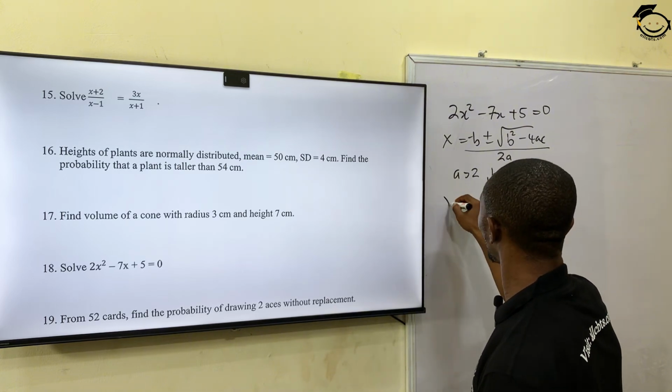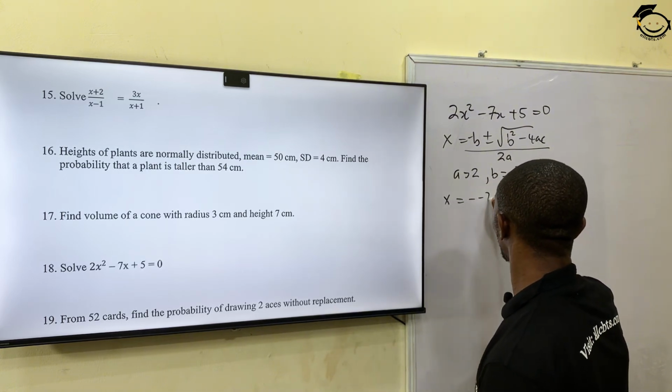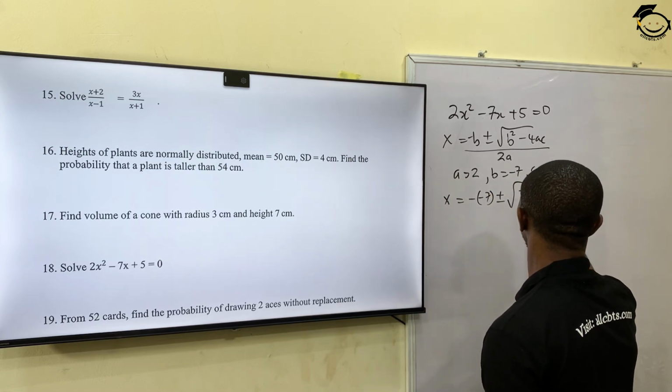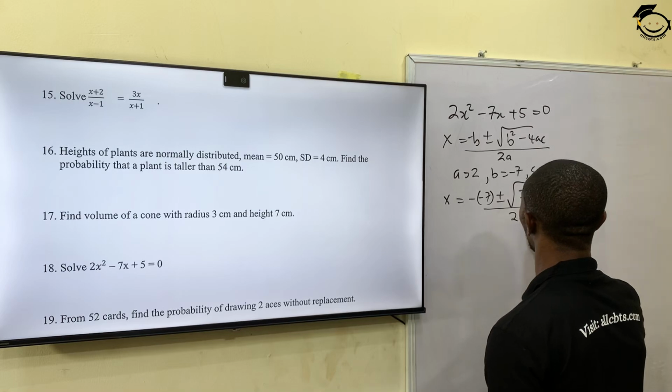So this becomes x equals minus 7 plus minus root 7 squared minus 4 times 2 times 5 all over 2 times 2.